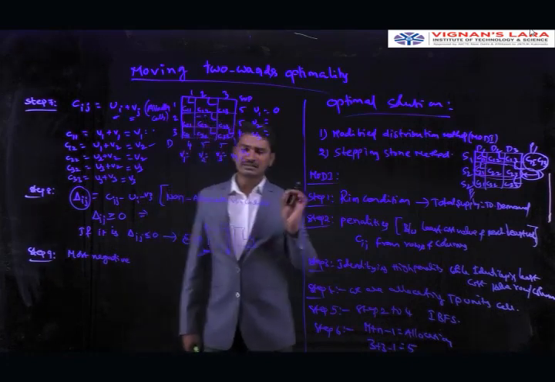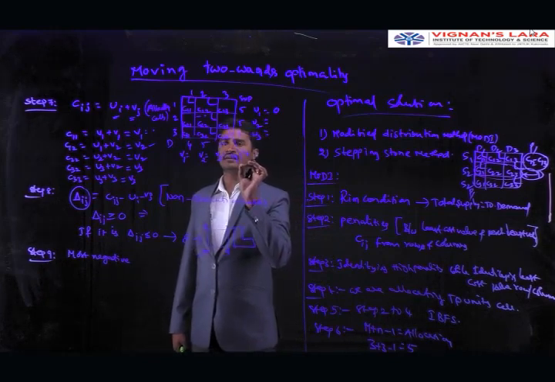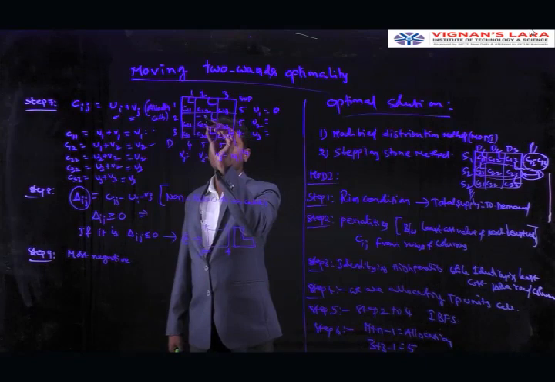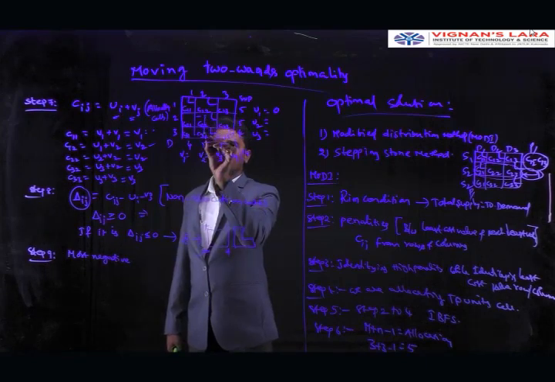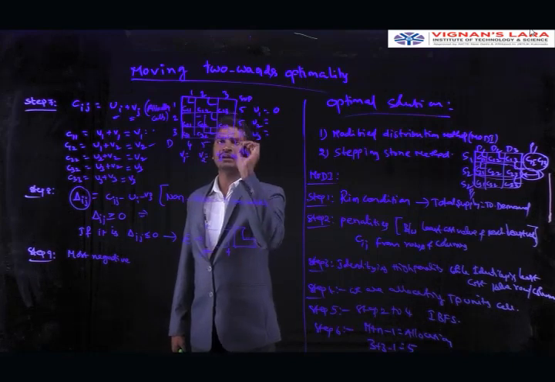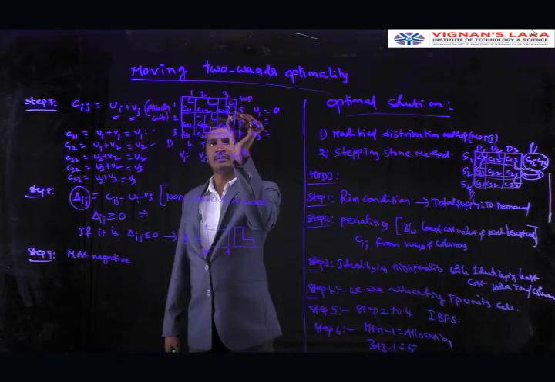The loop must start with an allocated cell, and it must end with allocation. Like this, come to this here, and here there is no allocation, so simply we are taking the corner and drawing the loop here.